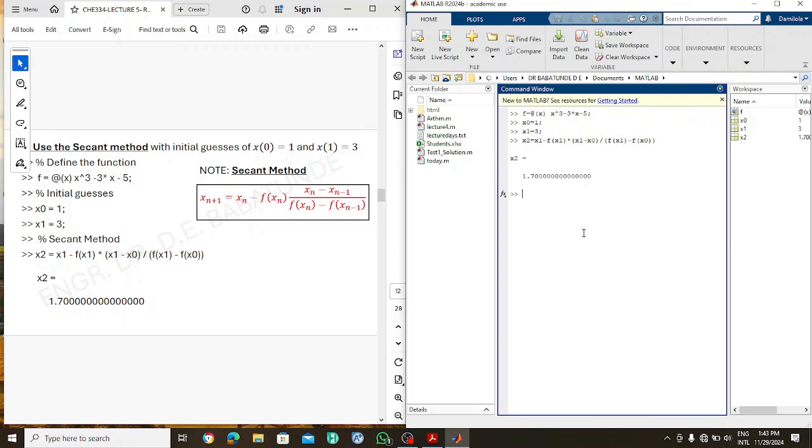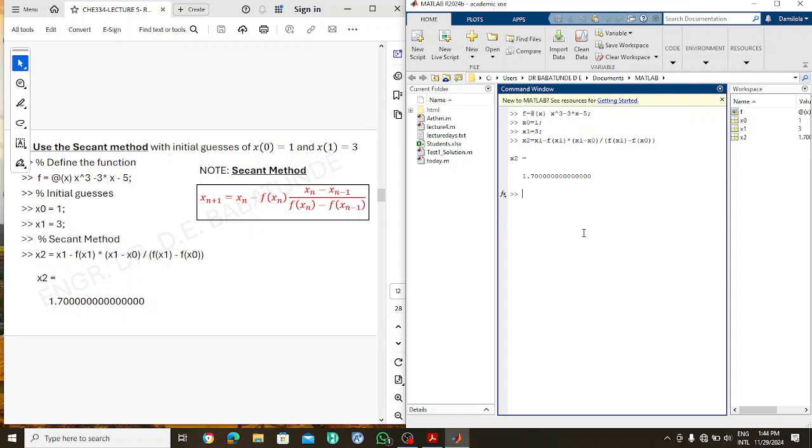Okay, so the first refined value says x is equal to 1.7. If you remove 1.7 from 3, which is x1, so you'll be comparing x2 and x1, that's not going to meet the tolerance limit. So that means you are not done. So for the second method, we need two guesses: x1, x0.